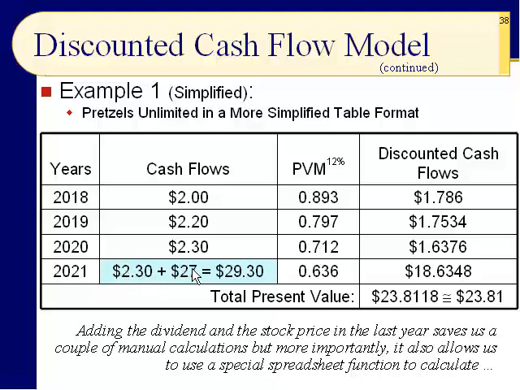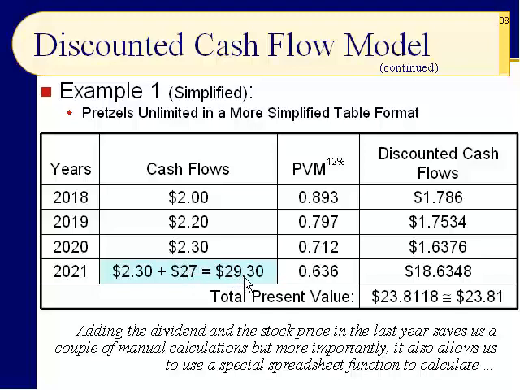Now, if I'm going too fast, just stop, go back and listen to it again and watch it again. This just makes it easier because we save a couple of additions in the multiplication, right? So here's 2018, 2019, 2020, 2021. $2 we receive from the dividend in 2018, $2.20 from the dividend in 2019, $2.30 from the dividend in 2020, and then $2.30 from the dividend in 2021, plus the expected price of the stock, which we don't know it's going to be 27, but let's guess it's 27.